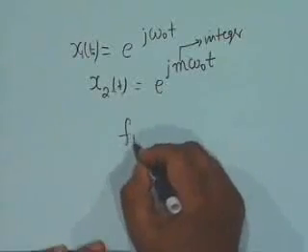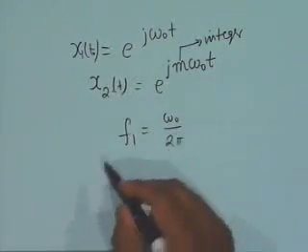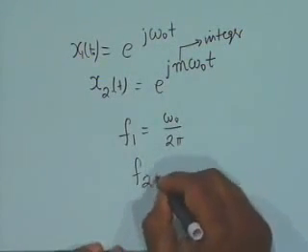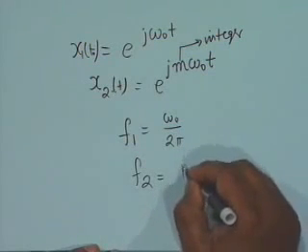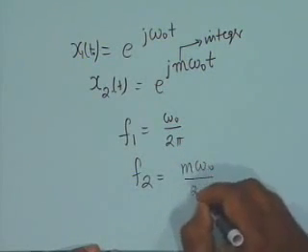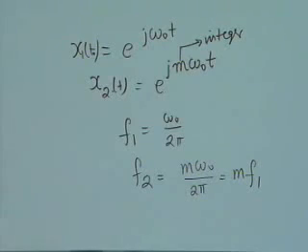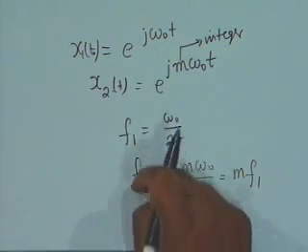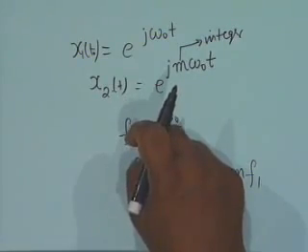For example, f1, the frequency of x1 of t, is omega 0 by 2 pi, and f2, the frequency of the second signal, is simply m omega 0 by 2 pi, which is equal to m times f1. That is, the frequency of the second signal is related to the frequency of the first signal by an integer multiplication.